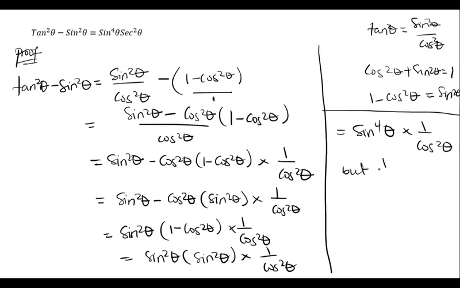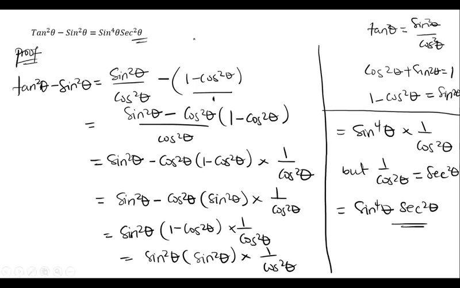But 1 over cos squared theta is equal to sec squared theta. So we have sine raised to the power 4 theta multiplying sec squared theta, as required of us by the question.